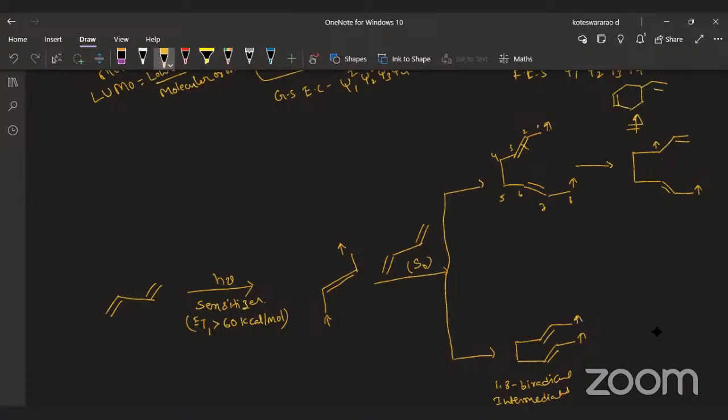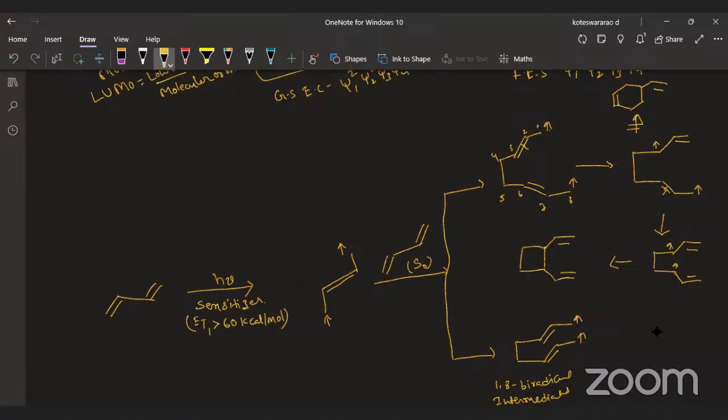This intermediate can generate it only when both are combined. Again, this pi bond is also undergoing homolytic cleavage. Now these two will undergo bond formation that leads to the product. This subproduct is obtained.